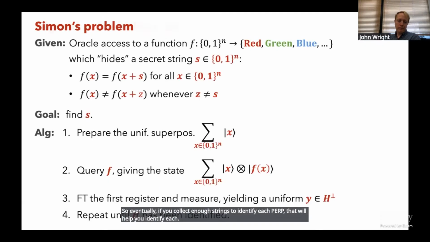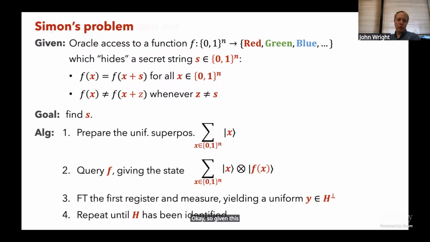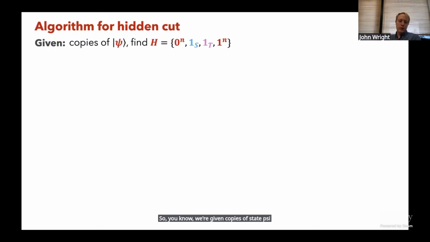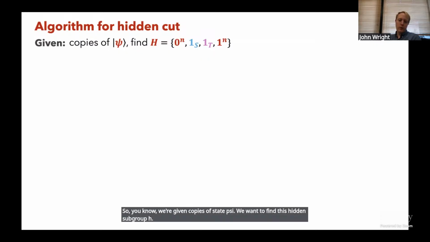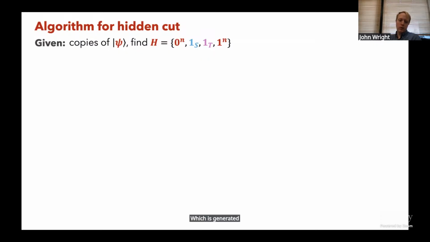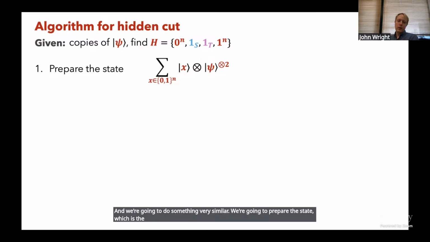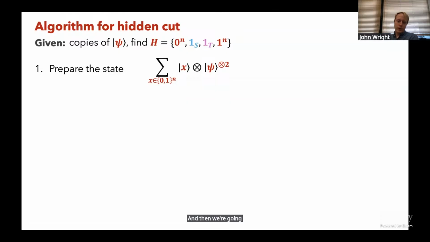Okay, so given this algorithm as our motivation, this gave us an algorithm for the hidden cut, or suggested one. So, we're given copies of state psi. We want to find this hidden subgroup H, which is generated by the indicators of the subsets S and T. And we're going to do something very similar. We're going to prepare the state which is the uniform superposition over X, and then we're going to tensor onto it the two copies of psi.